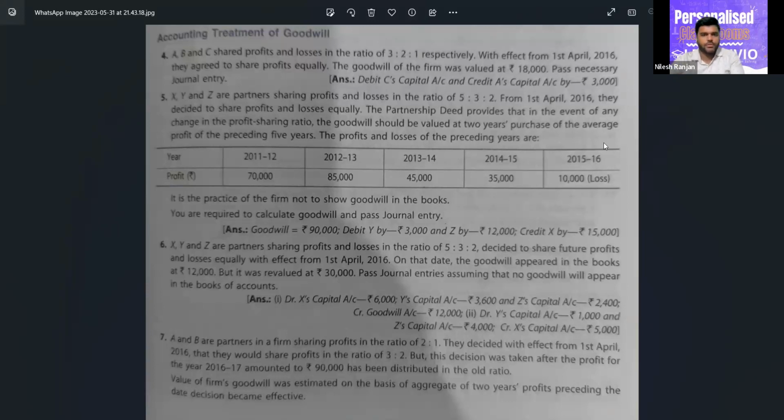Okay, good. So question number 7, that is half the question actually.